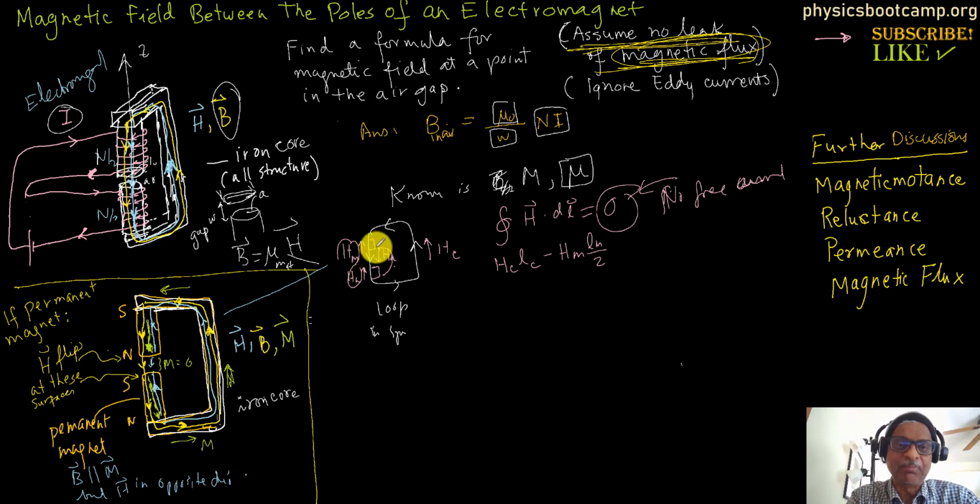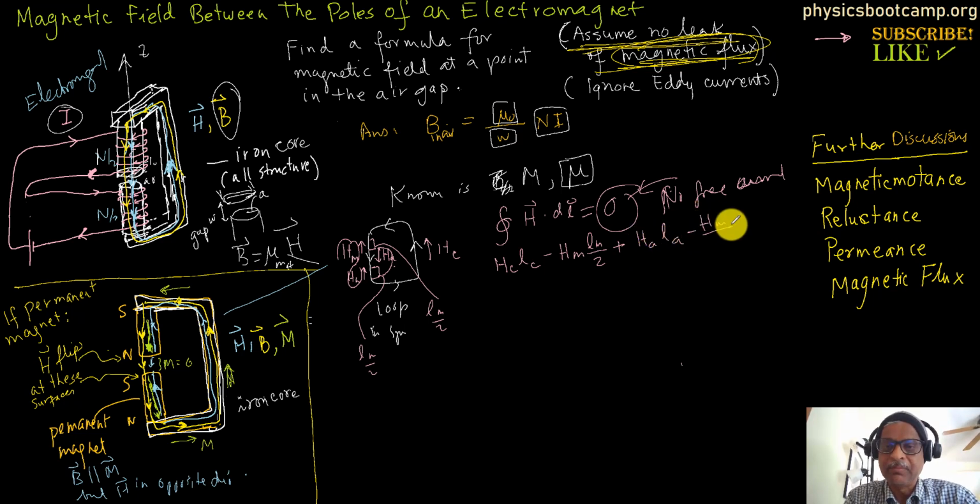Let's call this part length L_M over 2, and this part L_M over 2, so that together will come, and then H_A L_A minus H_M L_M over 2, equals 0. So we want this, and H_M is known, so let's see what we get. H_M L_M equals this guy on the other side, H_C L_C plus H_A L_A.